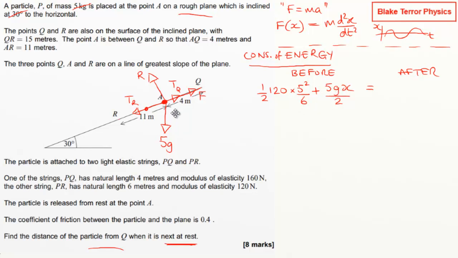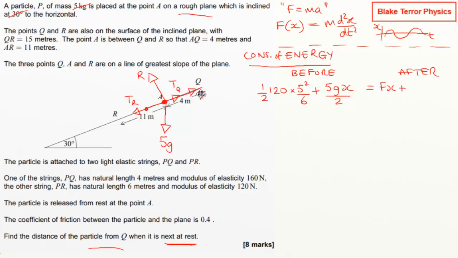So that's our MGH. We've then got on the after side, which are all going to be positives, the work done against friction. So that is going to be F times x, force times distance. And then we've got our two extensions.